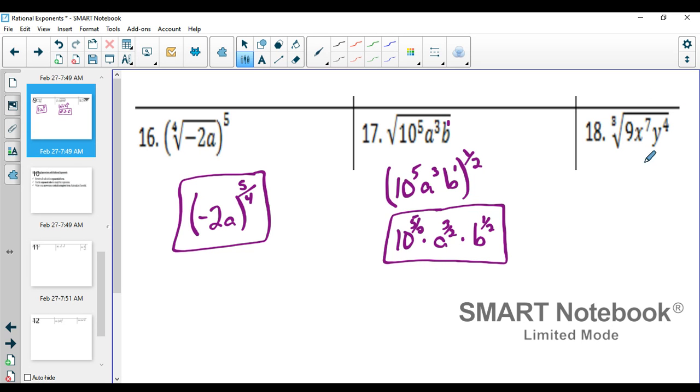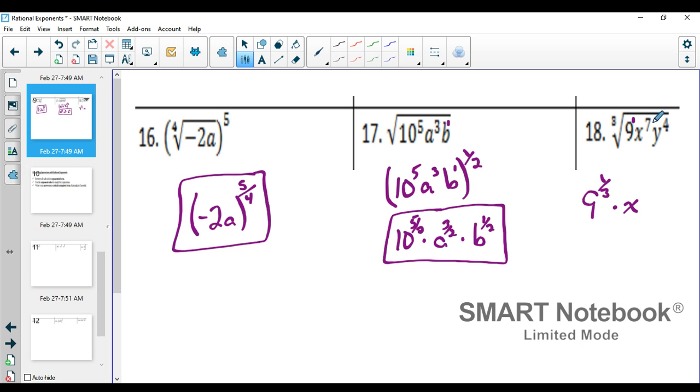And it's going to work similar in 18. So we have the cube root of 9x to the 7th, y to the 4th. So we're going to make this in each individual term. From here, we can do it a different way instead of making the cube root into a fraction. So this is 9 to the 1st power. So that 1 in the exponent is the numerator, and the root is the denominator, times x.